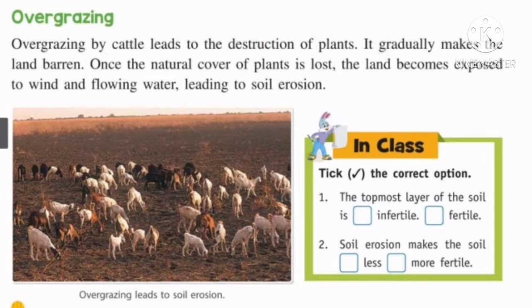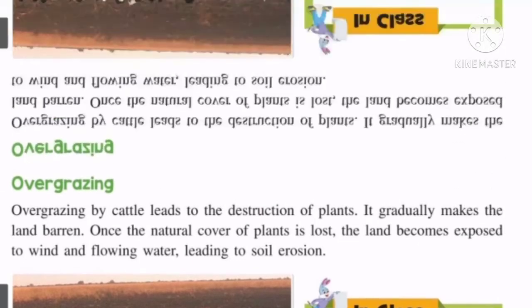If the natural cover of plants is lost, then you can see that this land is easily exposed to wind and water, and due to wind and water, the soil will get eroded. It will lead to soil erosion. So overgrazing is one of the causes of soil erosion.